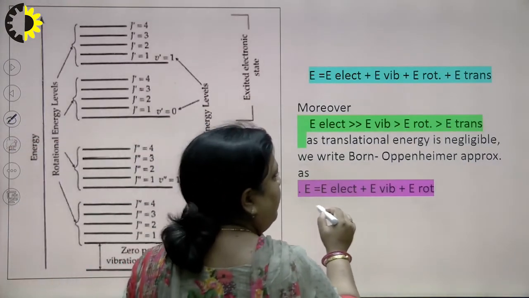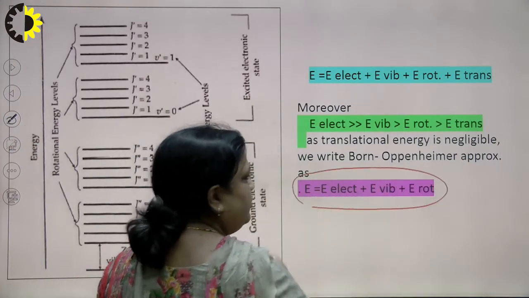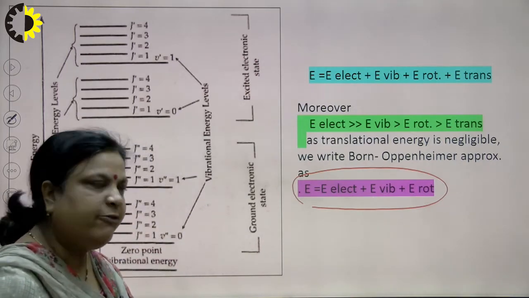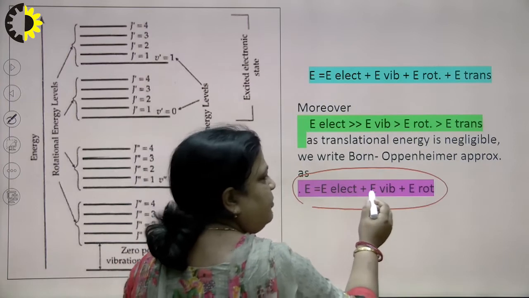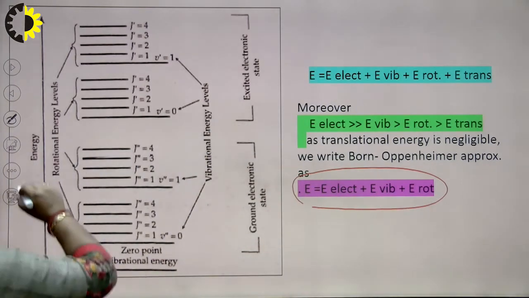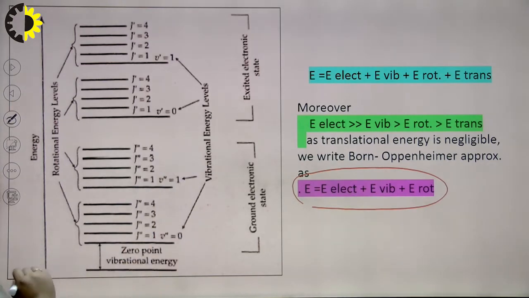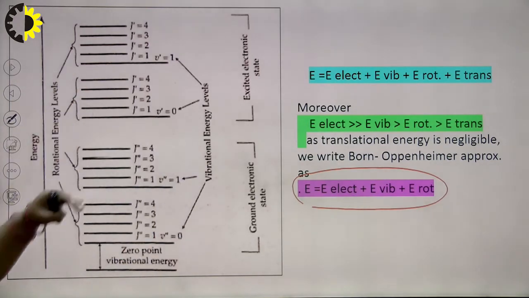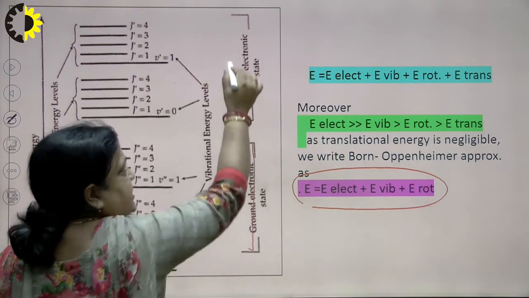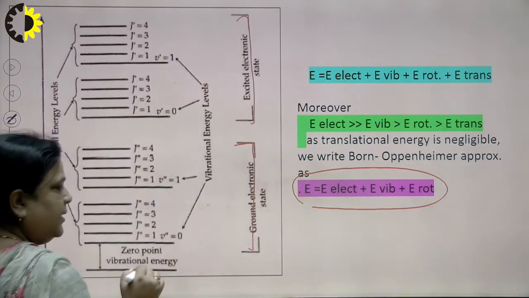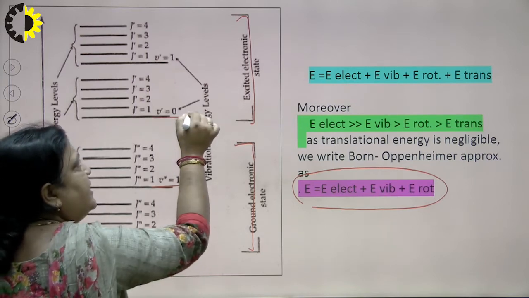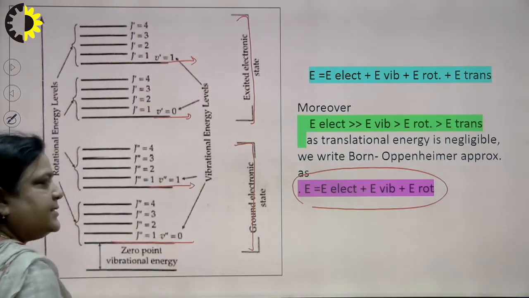By the Born-Oppenheimer approximation, we can say that the total energy associated with the molecule is the sum of electronic energy transition plus vibrational plus rotational. So, this is basically the distribution of energy levels. This is the ground state and this is the excited state. In the ground state there are vibrational energy levels, as well as in the excited state.